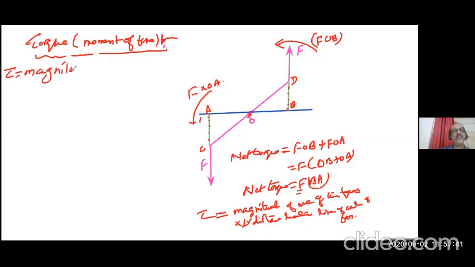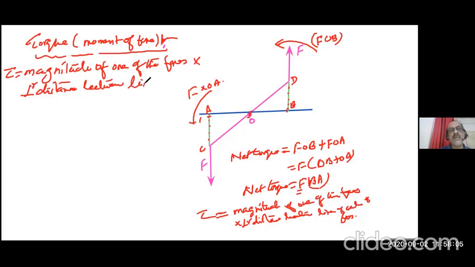Magnitude of one of the forces. That means if this is 10 Newton and this is minus 10 Newton, take 10 Newton, that's all, into the perpendicular distance, that means AB, the perpendicular distance between the lines of action of forces.